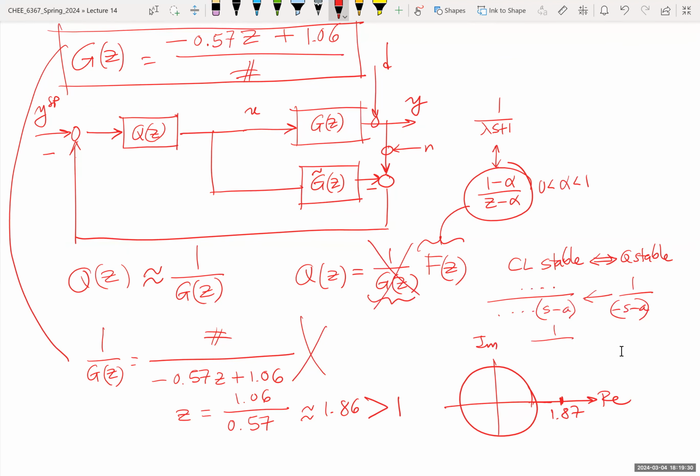If I have 1 over z minus a, where a is an unstable pole, I replace this by 1 minus 1 over a, z minus 1 over a. But let's pick another sampling period for which we're not going to have this problem.